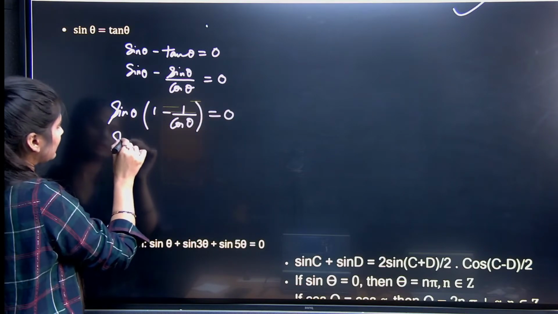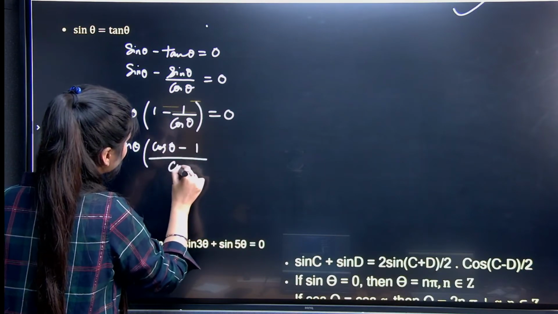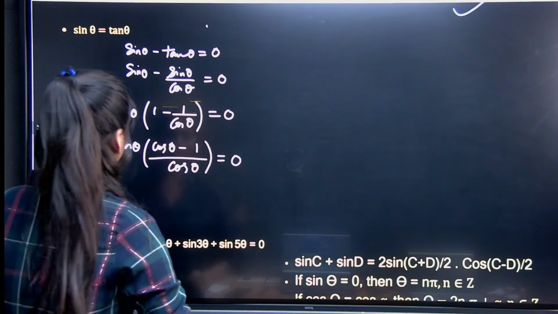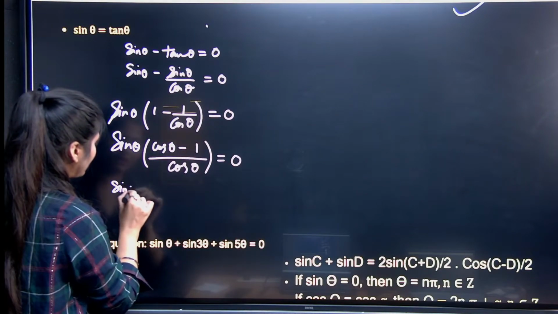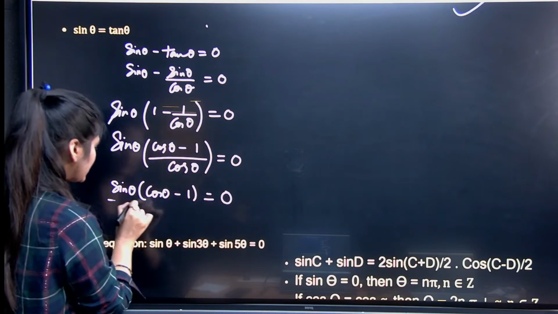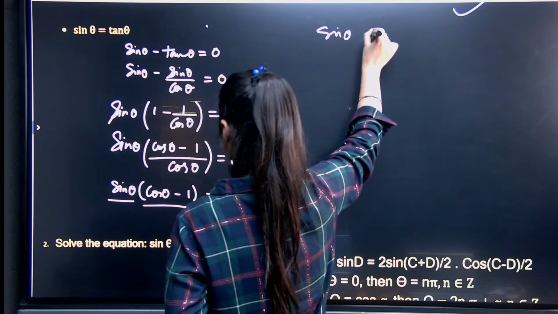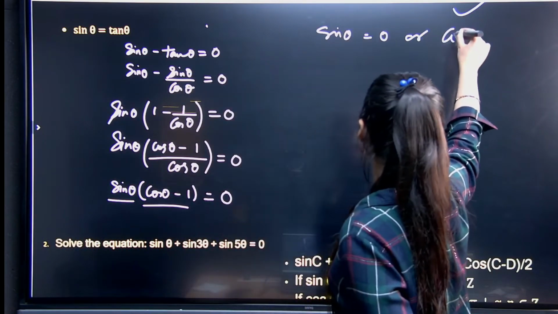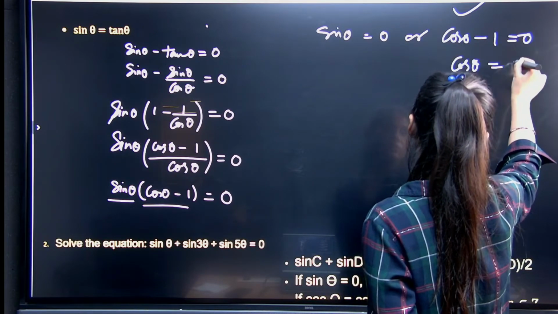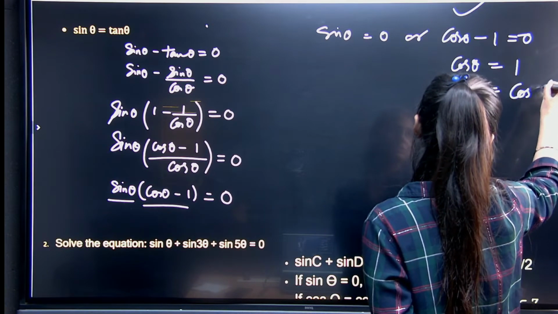Now it is sine theta into cos theta minus 1 by cos theta is equal to 0. Now either sine theta is equal to 0 or cos theta minus 1 is equal to 0. So cos theta is equal to 1, cos theta is equal to cos 0.